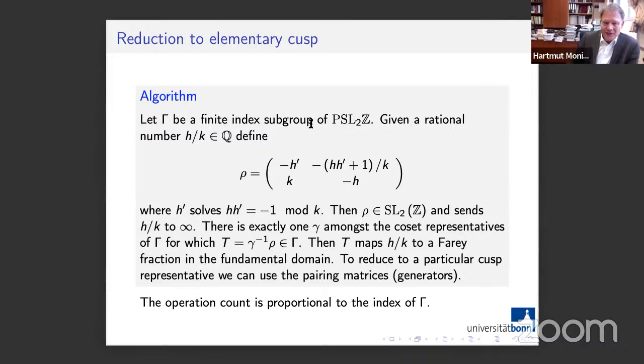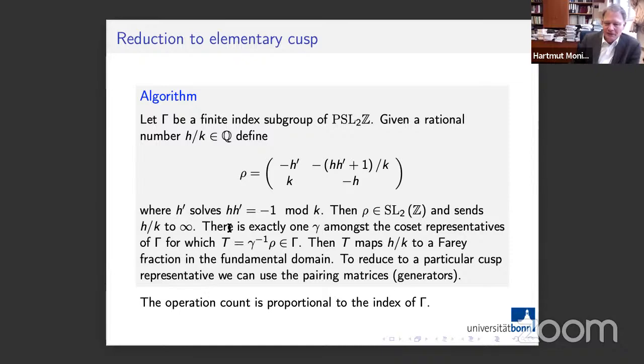So if gamma is any finite index subgroup of PSL 2 Z or SL 2 Z, then for a rational number H over K, we can find a matrix rho by solving a congruence, which is H times H prime equals minus 1 mod K. This matrix has determinant 1, and it sends H over K to infinity.